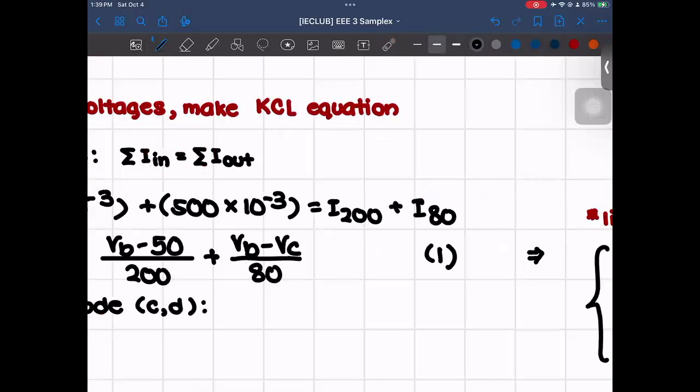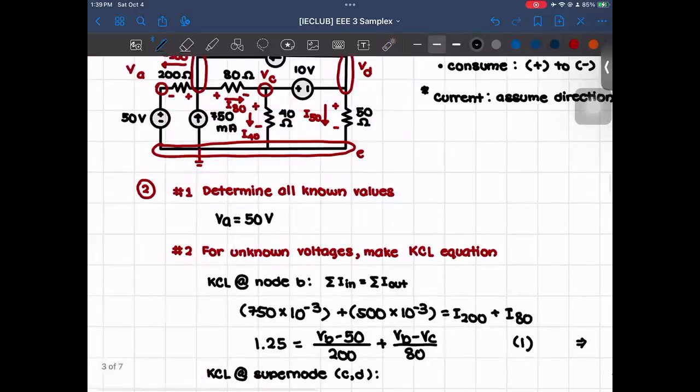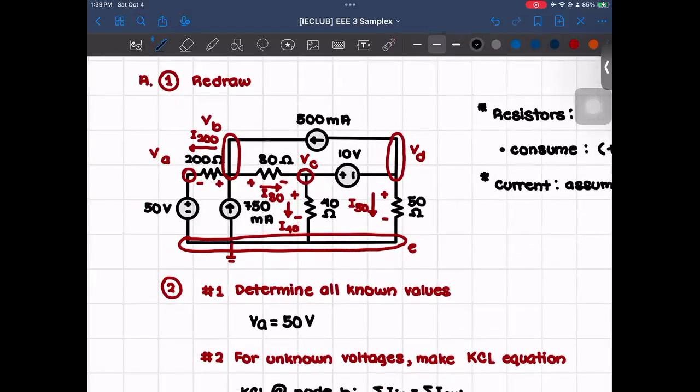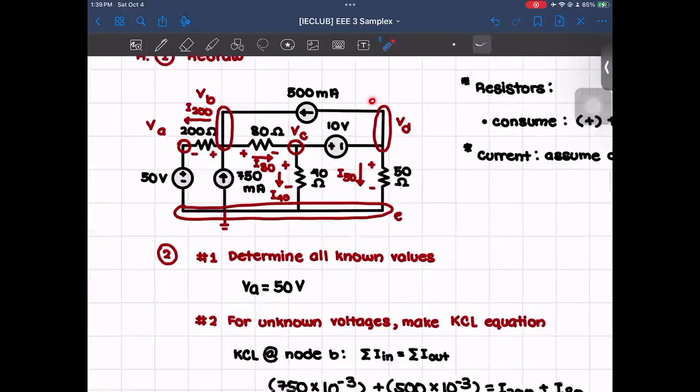And the next equation we could make is the supernode at CD. A supernode is basically when a voltage source is not connected to the ground and is in between two nodes. That would be this one over here, connected at C and at D. So we could treat this whole thing as one node.